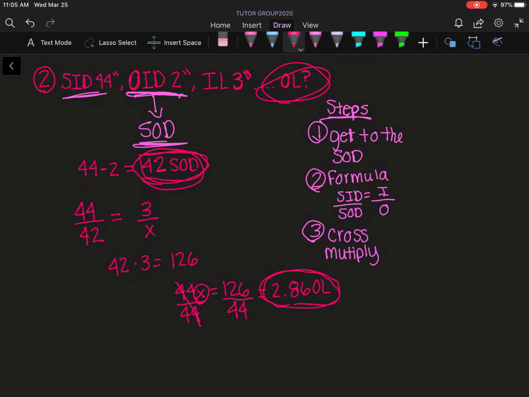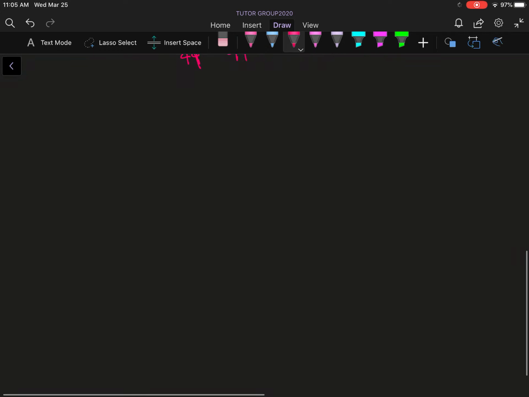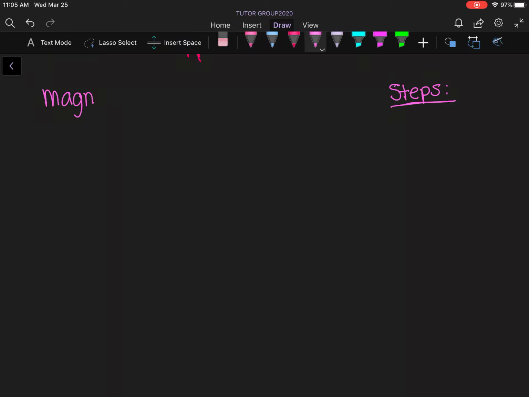Alright, now moving on. On those last 2 problems, we were just asking for things that were missing in the formula. Sometimes it might ask you for the magnification factor.